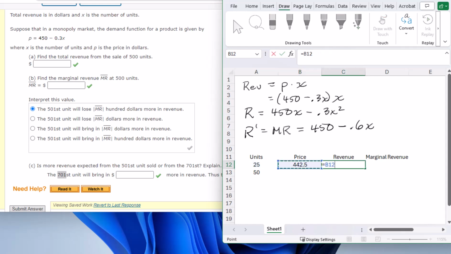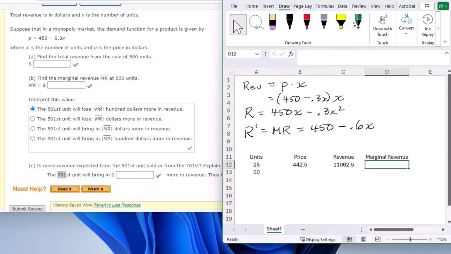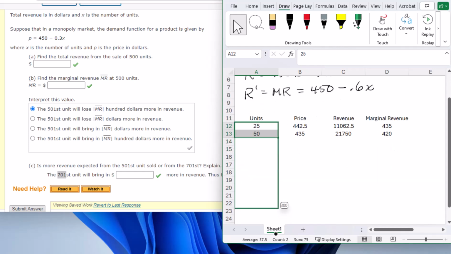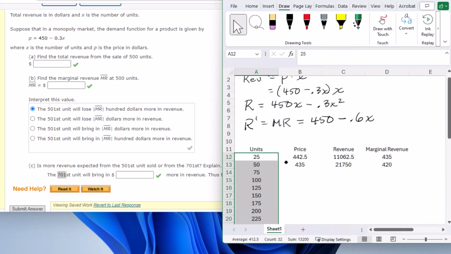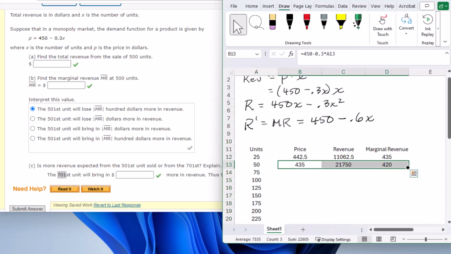Revenue is price times units. Marginal revenue has to be programmed in. It's 450 minus 0.6 times the units. And then once I have those equations, I can copy them down. And now I could go up to 500 units. Actually, might as well go to 700 and then copy this across.